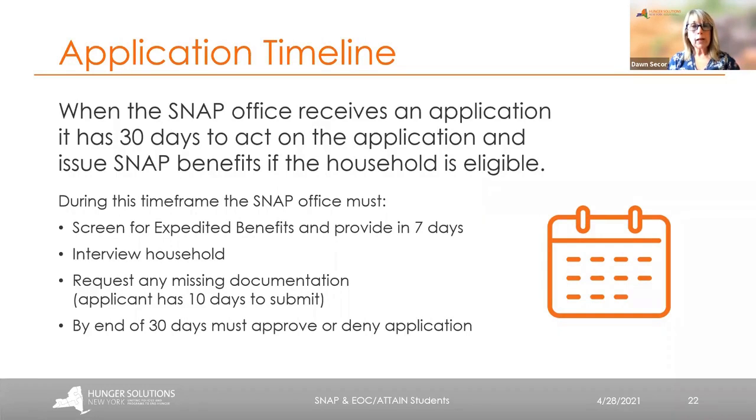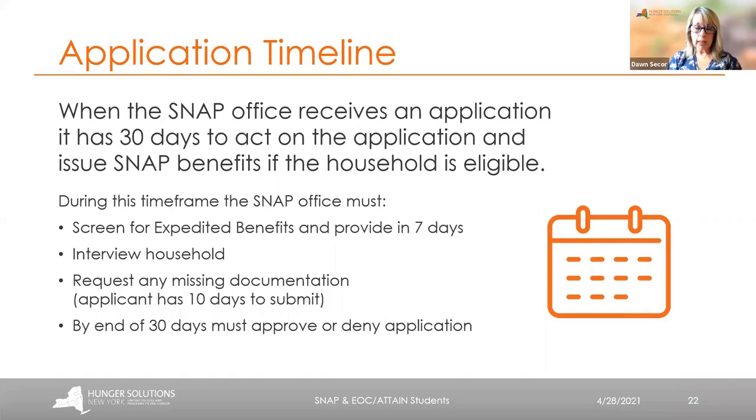And there are certain things that have to happen during this time frame, during this 30 days. Everyone who is applying for SNAP gets screened for expedited benefits, which are provided in 7 business days. But these are only for households with little to no income or resources. It's just a way to get SNAP benefits to people more quickly than the regular 30-day process.